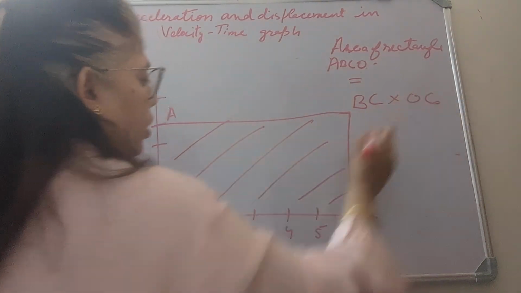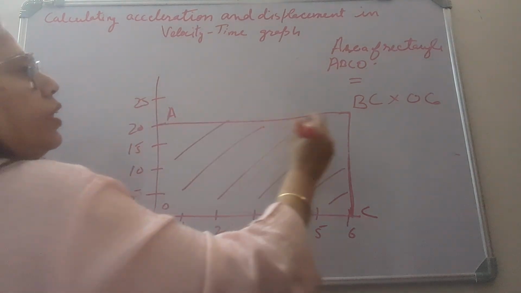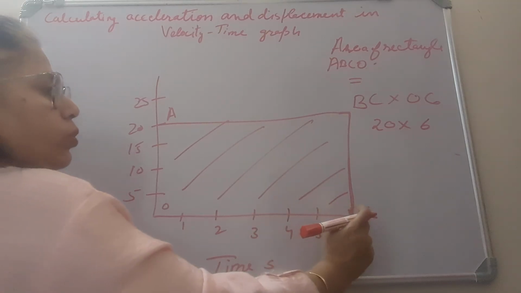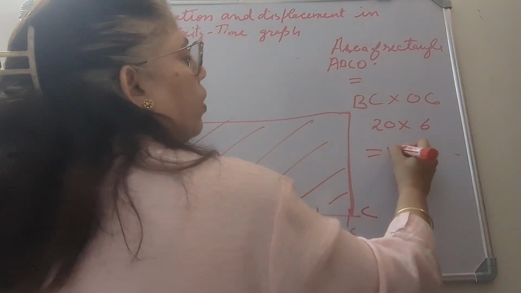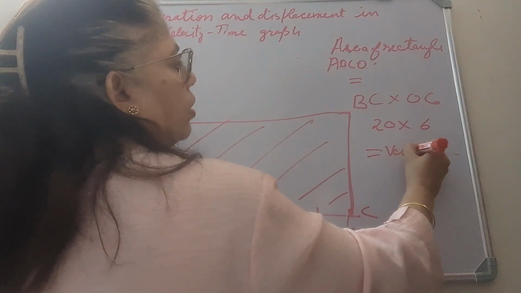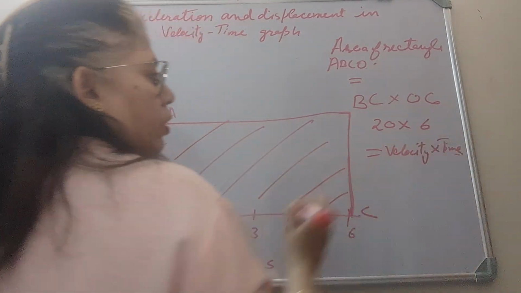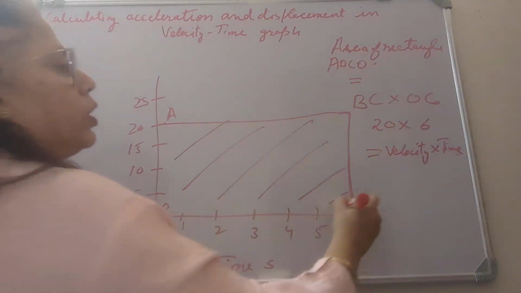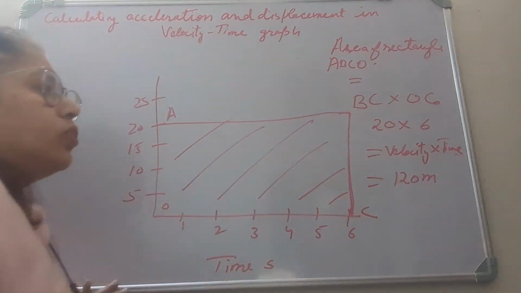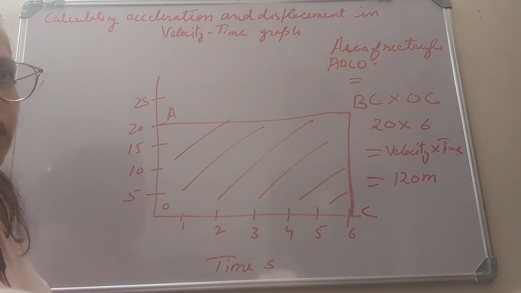BC is 0 to 20, that is 20, and OC is 0 to 6. That is velocity into time. That is its displacement. This is why it is called the displacement. 20 into 6 is 120 meters. So we have a displacement of the object of 120 meters.